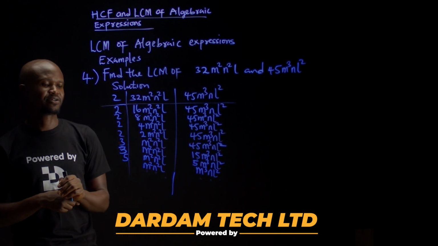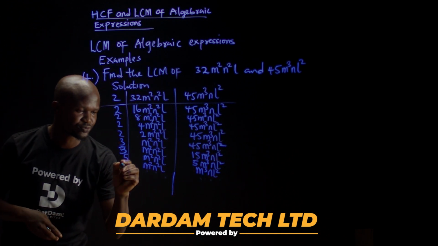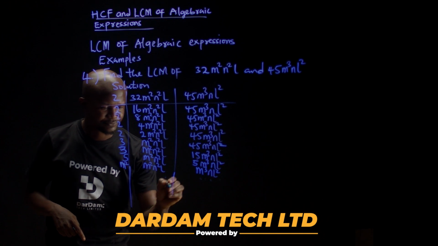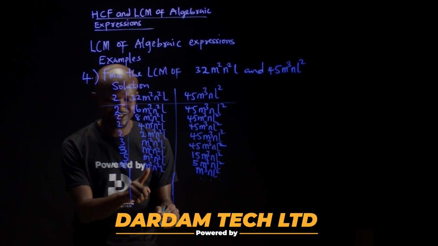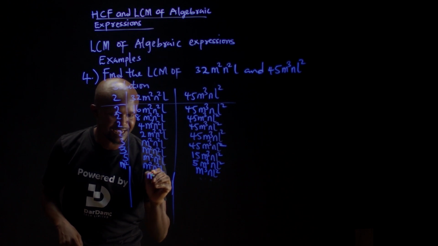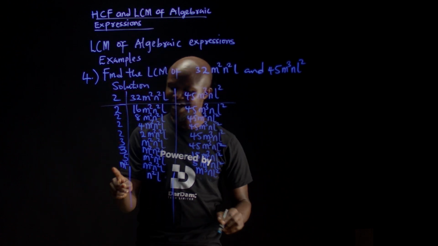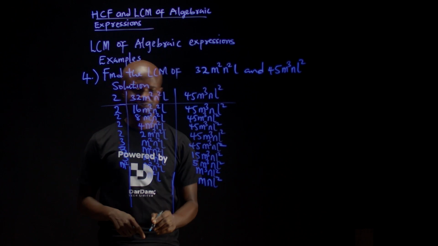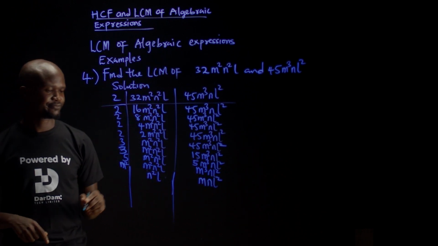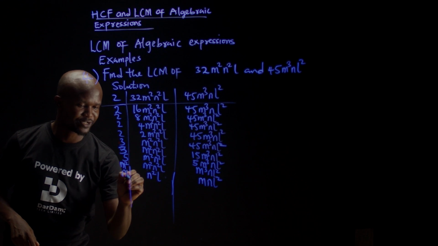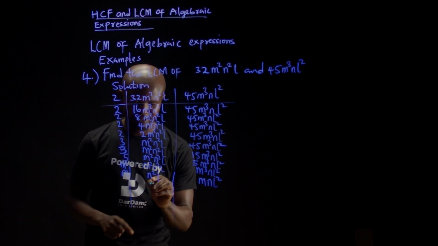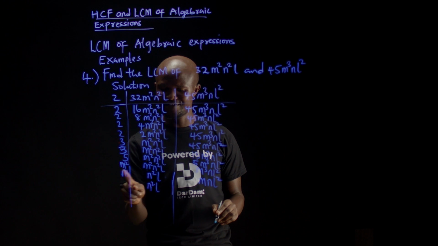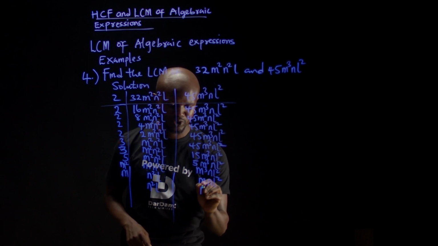We can decide to use m². Using m², m² divided by m² gives n²L, and m³ divided by m² gives m. We still have m here, so we use that m to divide again. m divided by m is 1. So we have nL². We are done with m.